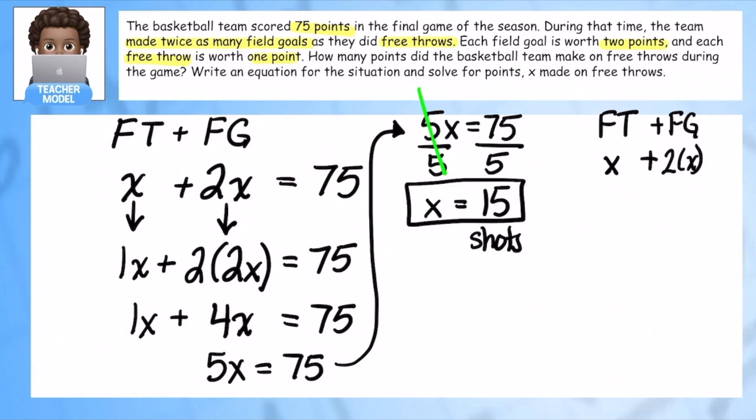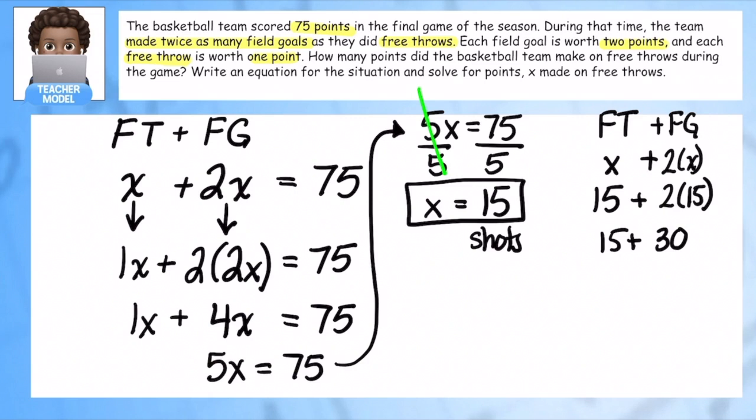So he made 15 1-point shots, and he made twice as many field goals. So he made 30 field goals. So 15 free throws plus 30 field goals. How many shots did he take altogether? He took 45 shots.